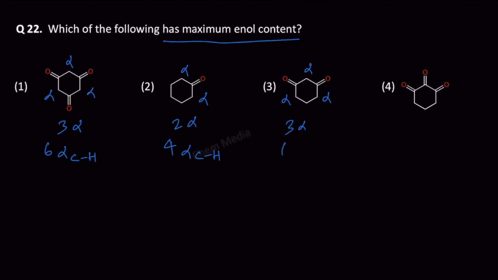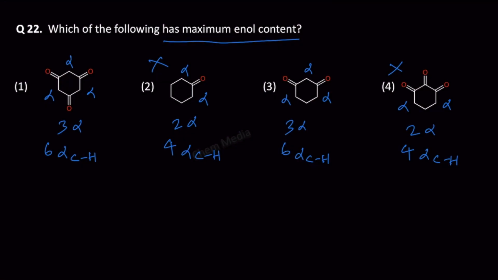Therefore we have 6 alpha hydrogens. In the case of 4, we have 2 alpha carbons. Therefore we have 4 alpha hydrogens. So the correct answer has to be either 1 or 3, considering the maximum number of alpha hydrogens.